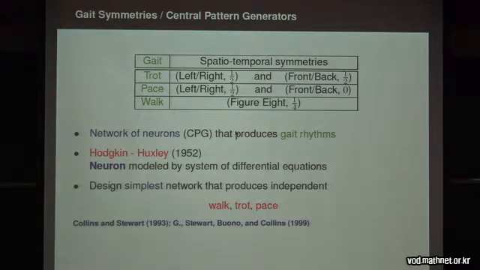They got their Nobel Prize for writing down a fourth-order system of equations which very accurately models the neurons. So if I have coupled neurons, I have coupled systems of differential equations, and we're in the situation that I was talking about. Jim Collins and Ian Stewart had made this original observation about the different gaits.